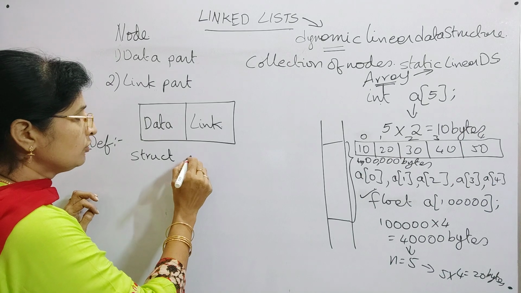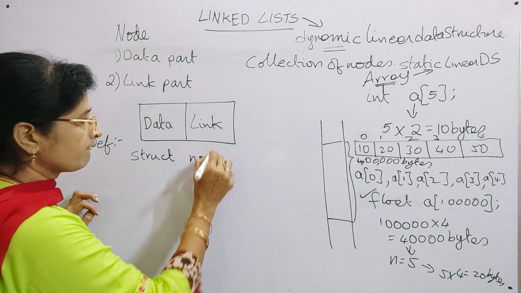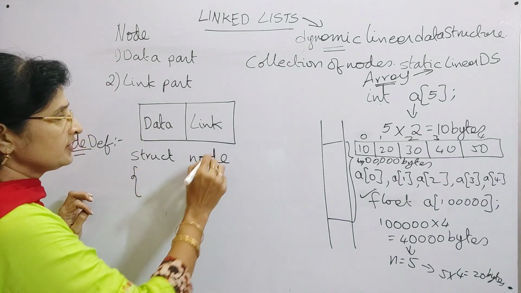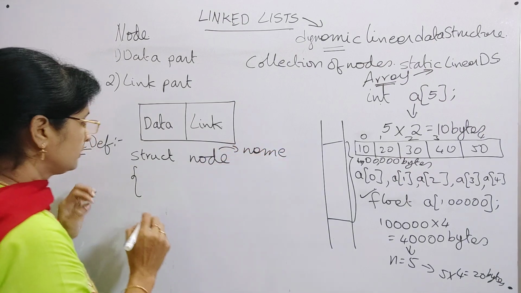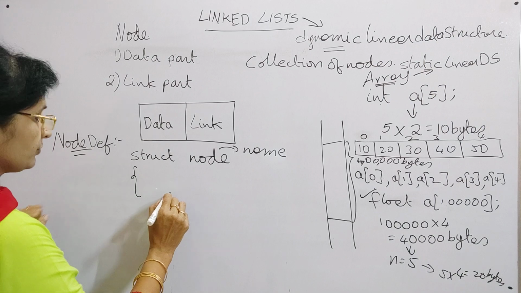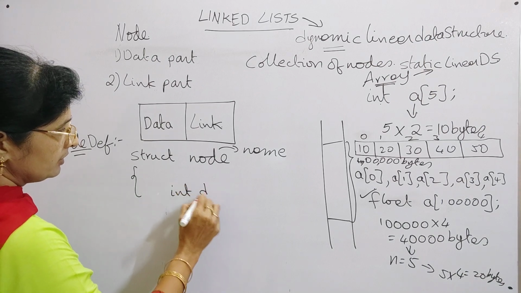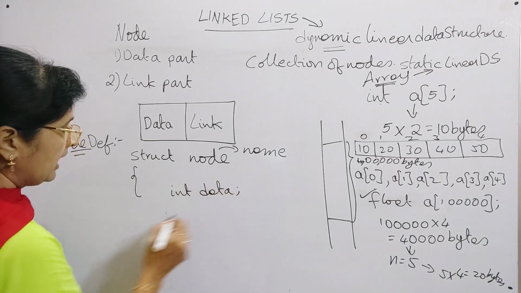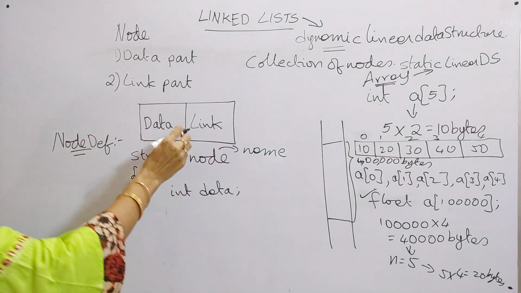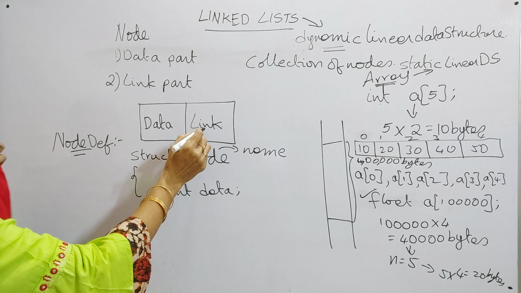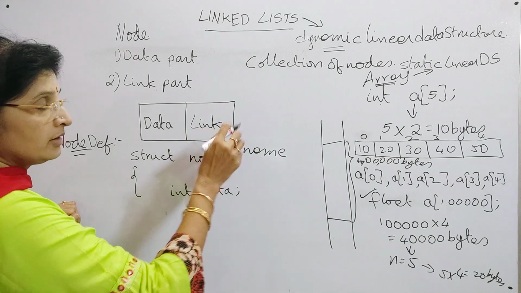Struct, you should give node. Here this is the name of your node. Then you can give int data, and you have to give this link part as a pointer to the next node.